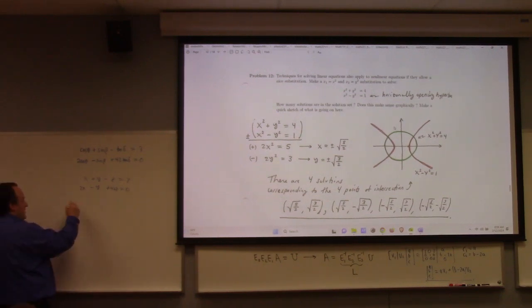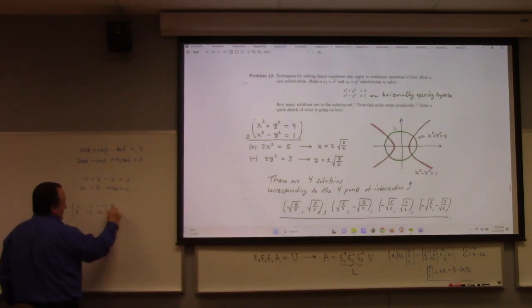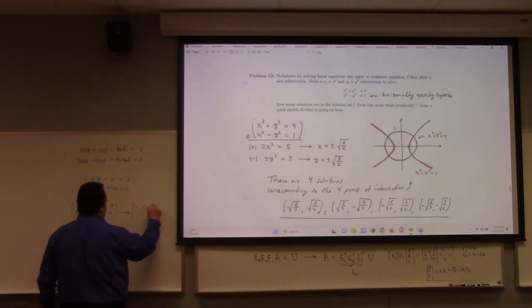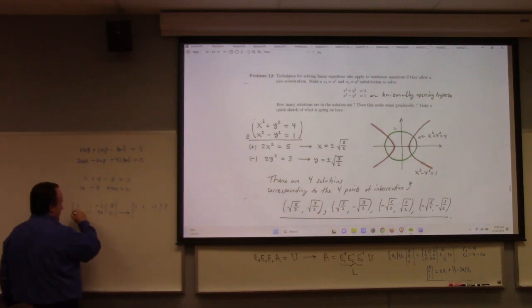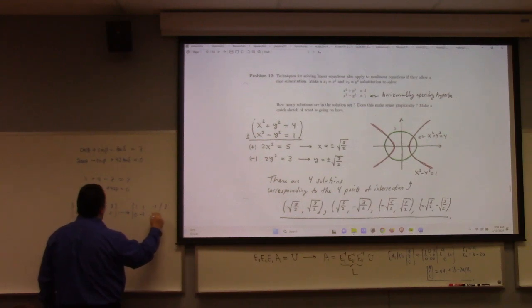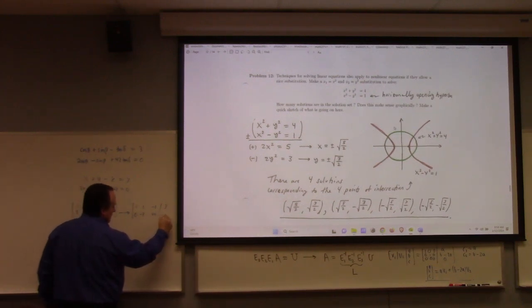Because then you can write the matrix: 1, 1, minus 1, 3; 2, minus 1, 42, 0. Subtracting 2 times the first row, I get 0, minus 3, and 44, thank you, and minus 6. Apparently, I can't do math.